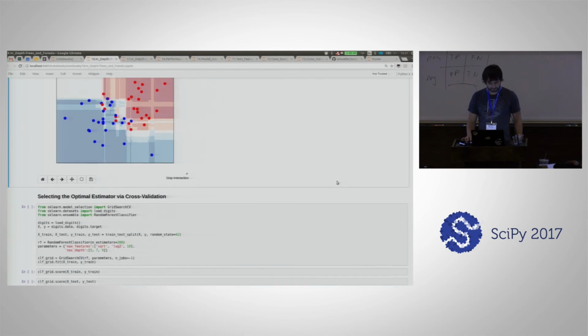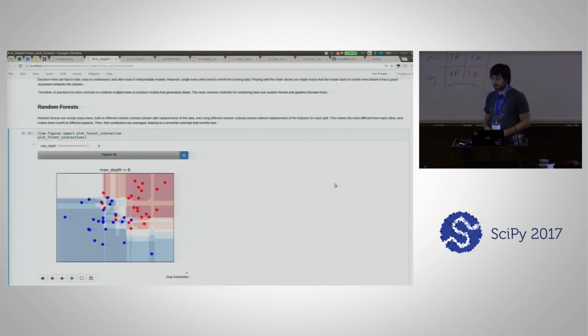So there are two ways in which the trees are made different. There's randomization. If it was like 10 times the same tree, obviously it wouldn't change anything. So there are two ways the trees are randomized in a random forest. One is we take bootstrap samples of the data, which means we draw with replacement as many samples as we have in the original data set.